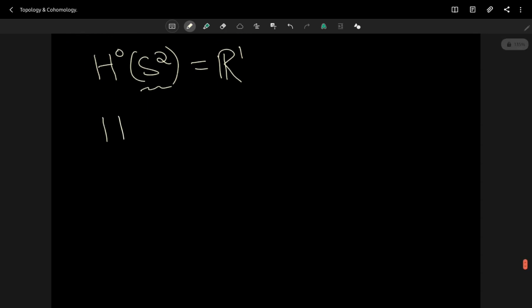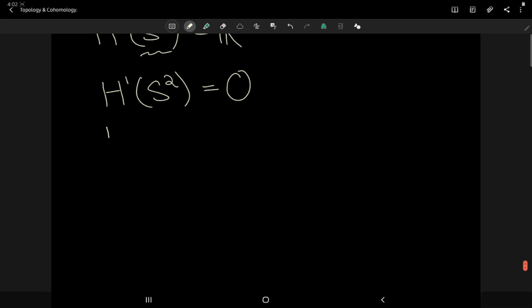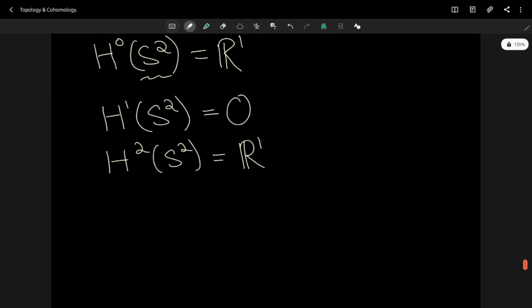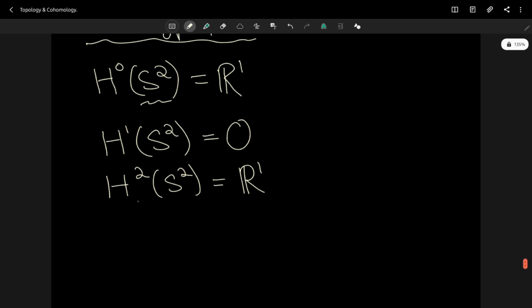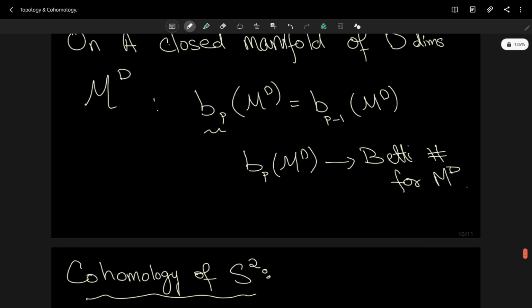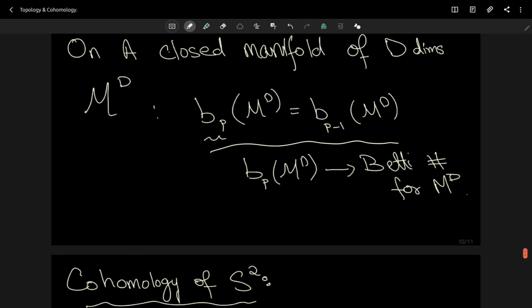The first cohomology of S2 is equal to 0, and this you can prove independently. Finally, the second cohomology of S2 is R1. This can be simply proved using Poincare's duality theorem, which is this thing.